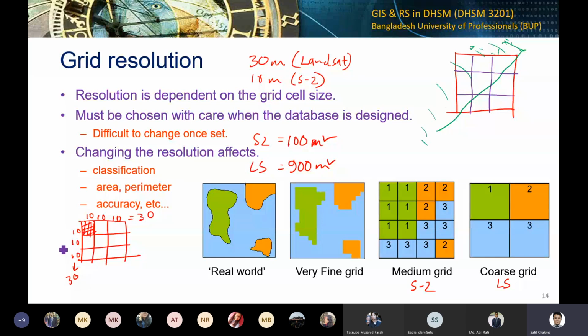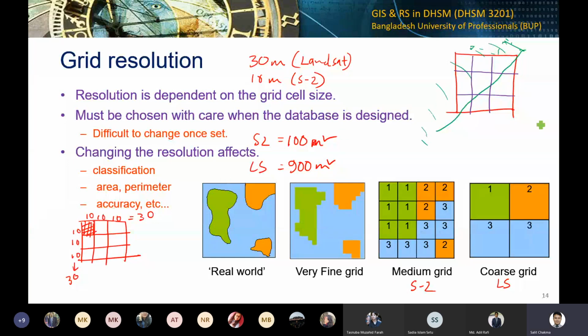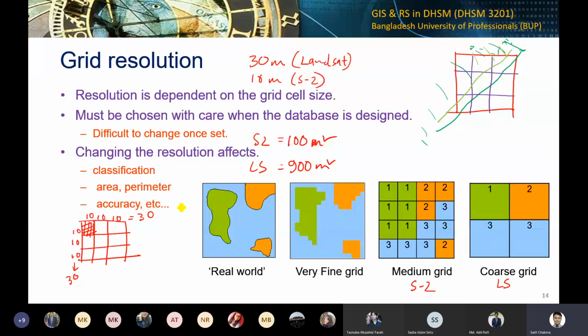Now, over the time, within these 11 years, we have lost a little bit of vegetation, and our new vegetation boundary lies like this. So this is our vegetation. Now what happens is, since this is our vegetation, in Sentinel pixels the vegetation is only these pixels.